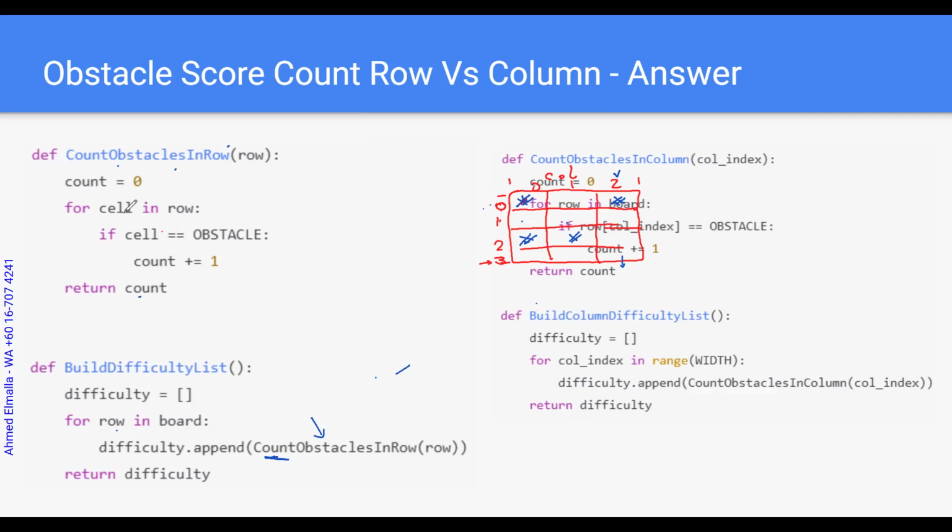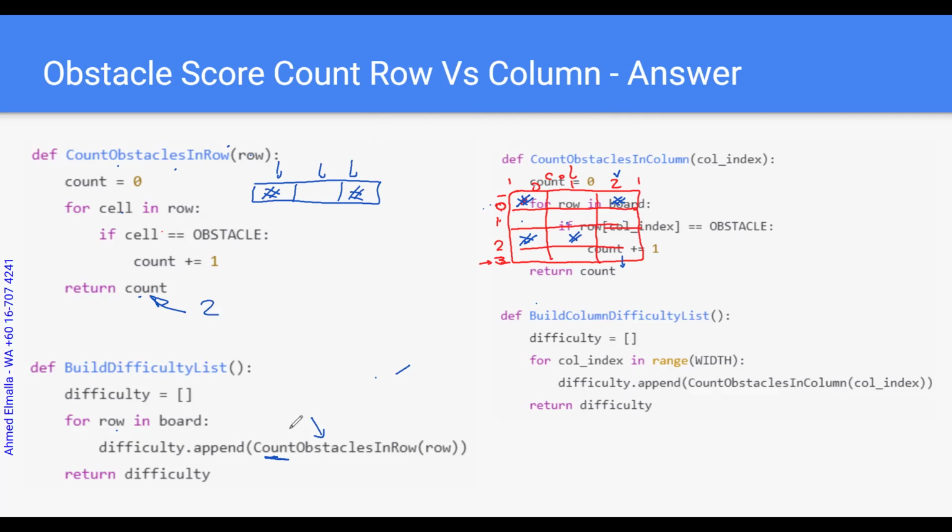So this will take a whole row. Assume that there are 2 obstacles here. So it will go through every cell here, and it will return the count of the obstacles in this whole row. So definitely that will result in, for example, here, 2 obstacles.